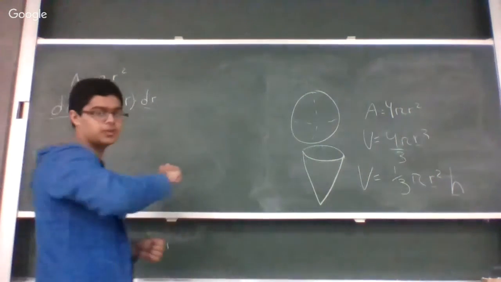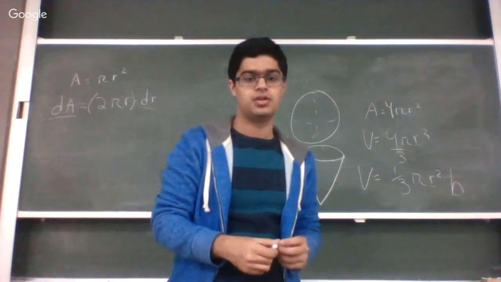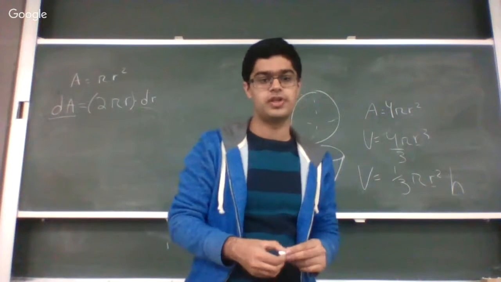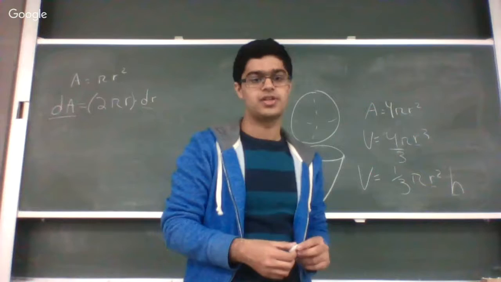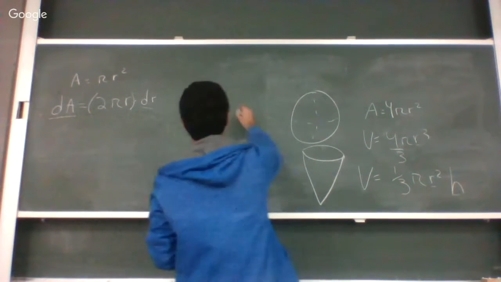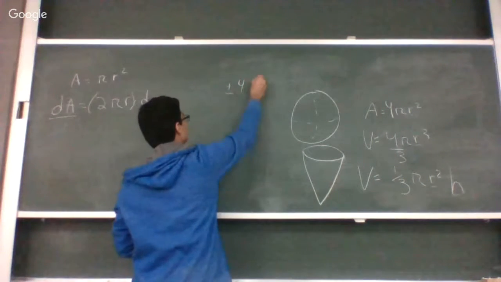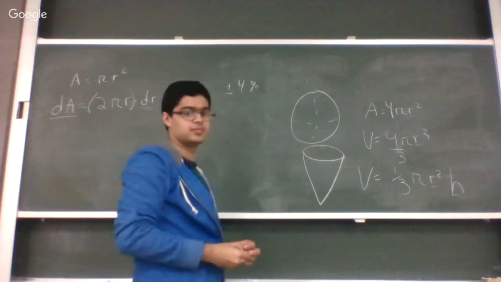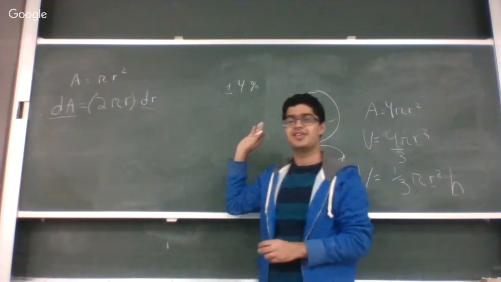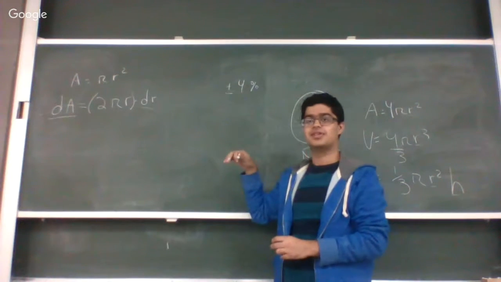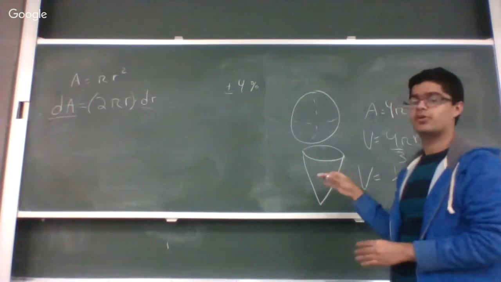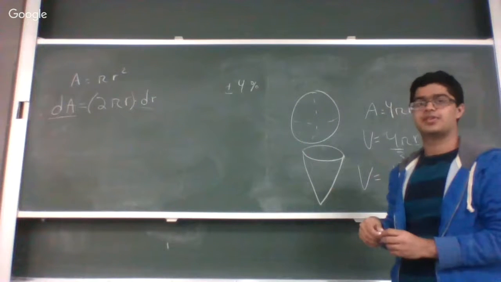The problem could say something like: approximate how accurately you should measure the radius of a circle, calculating the area within plus or minus 4% of its true value. Do you guys do problems like this? We haven't done that.